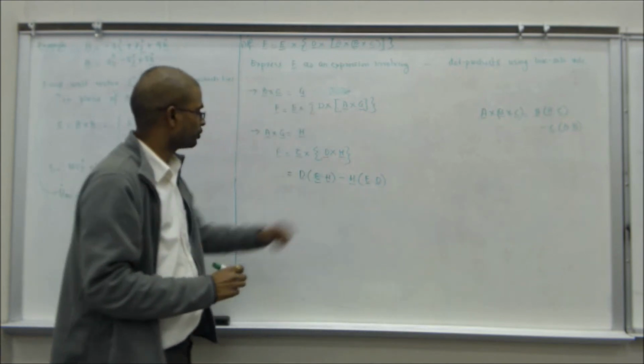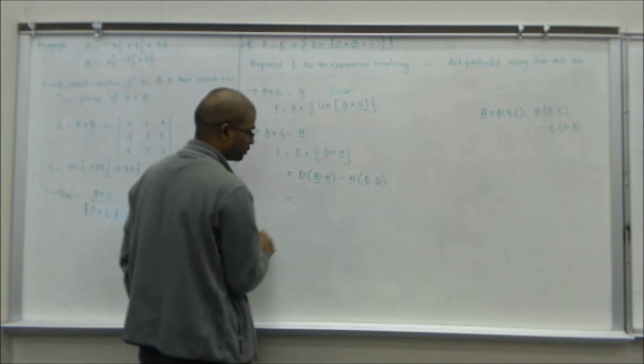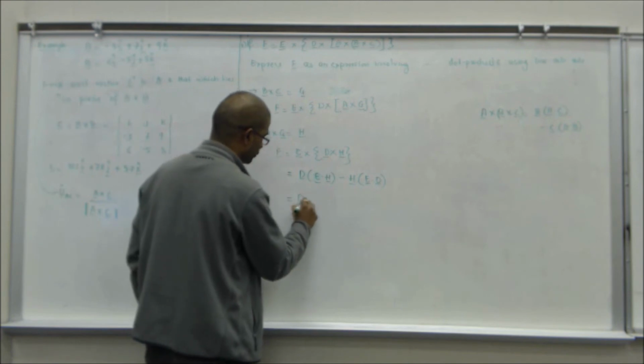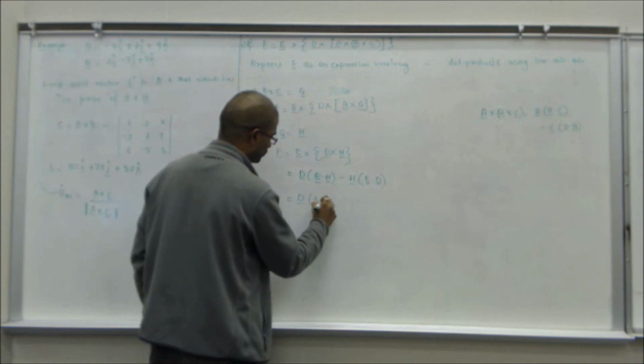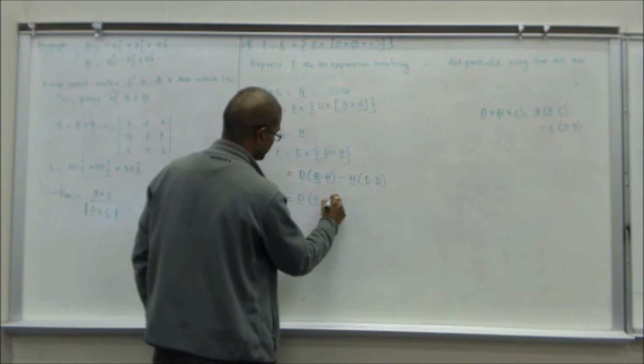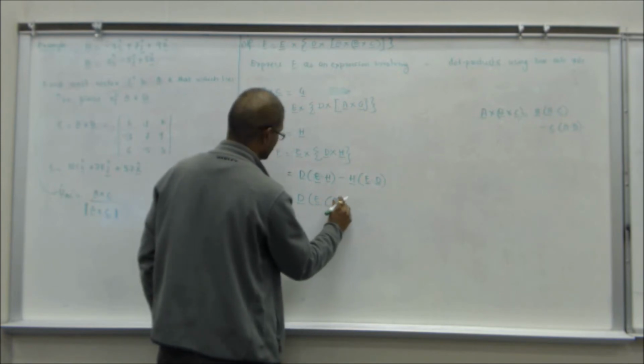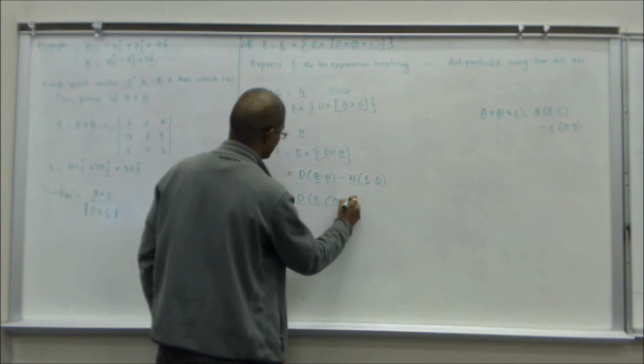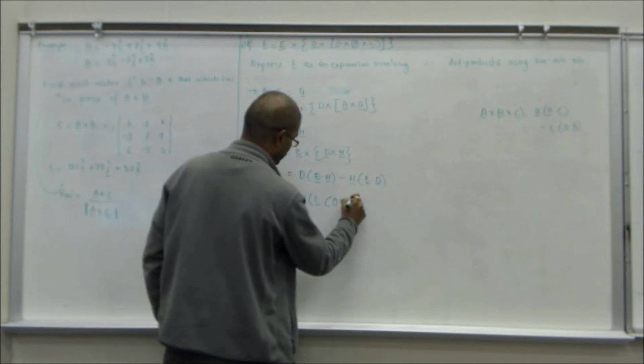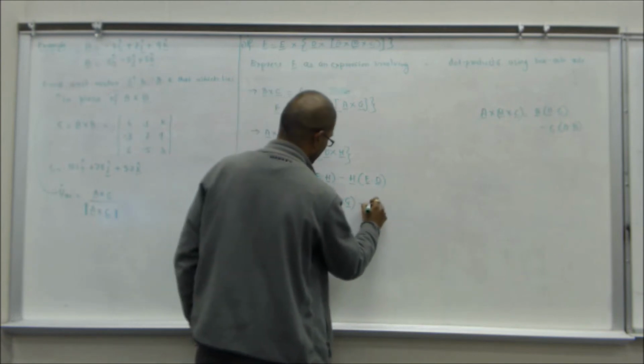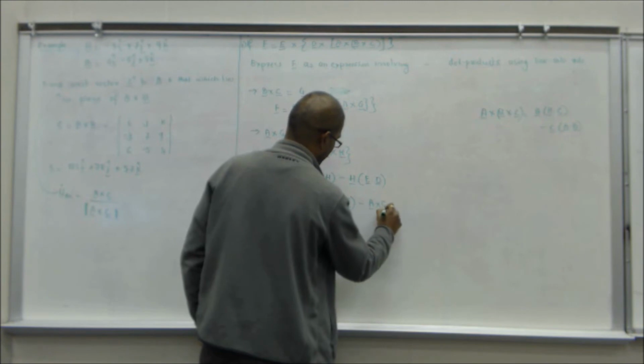So now you substitute back H, right? So what is H? A cross G minus A cross G.